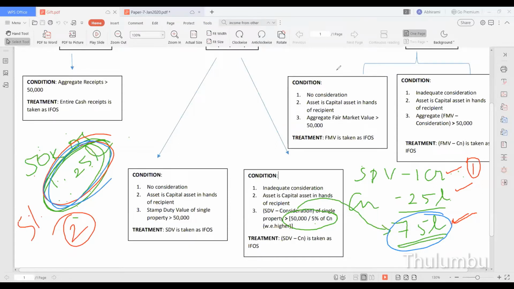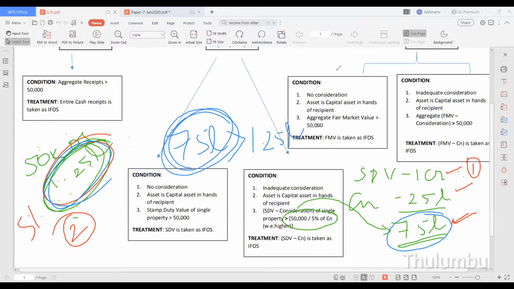If my difference of 75 lakhs is greater than 1.25 lakhs, then the entire 75 lakhs is taxable as income from other sources. So there are three steps here. This is the slightly difficult part.